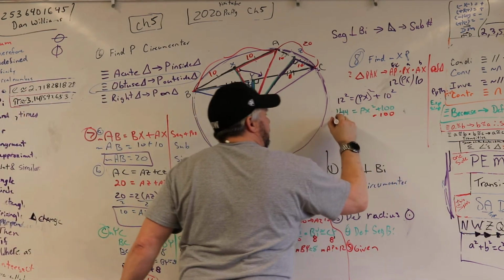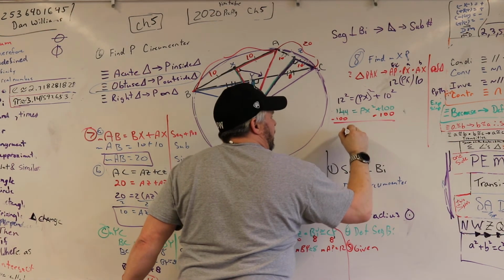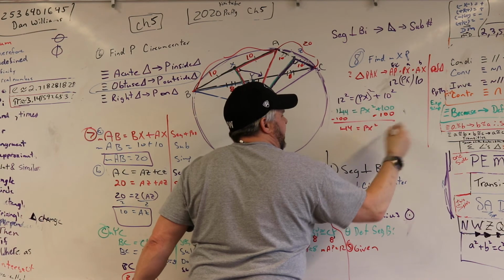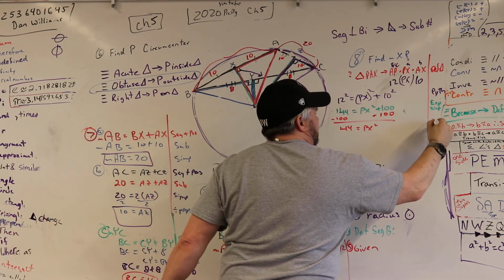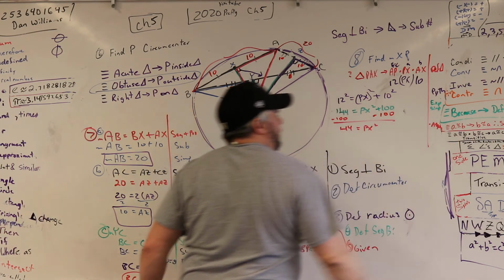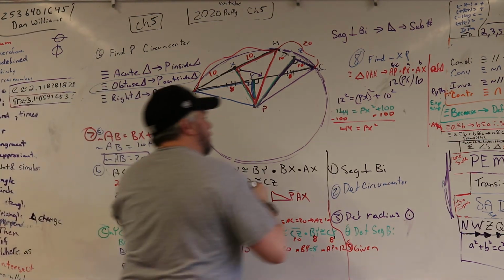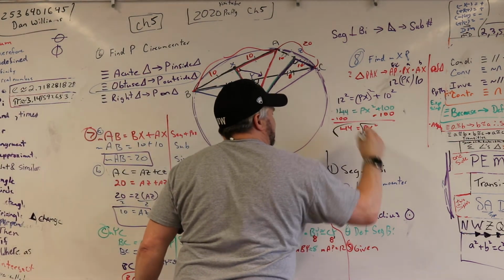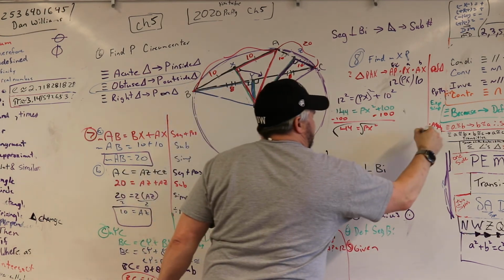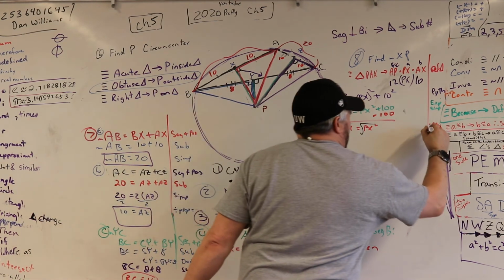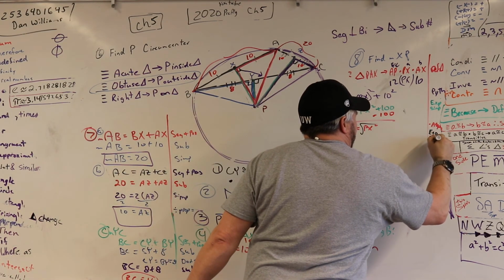Minus 100, minus 100. So 44 is equal to PX squared, right? And that is subtraction property of equality. Then what? Square root, which means we're using our exponential function, right? Exponential simplification.